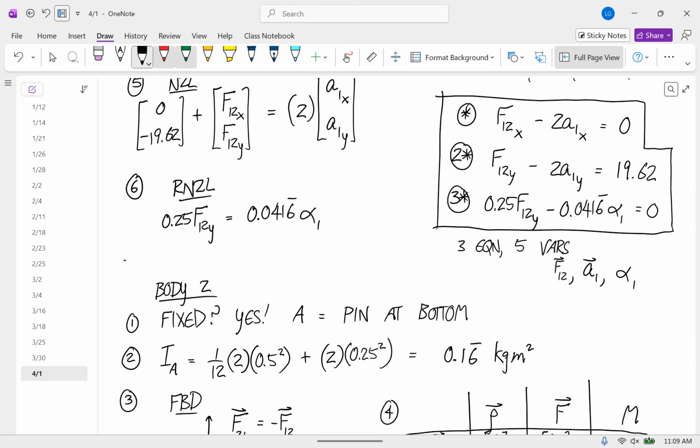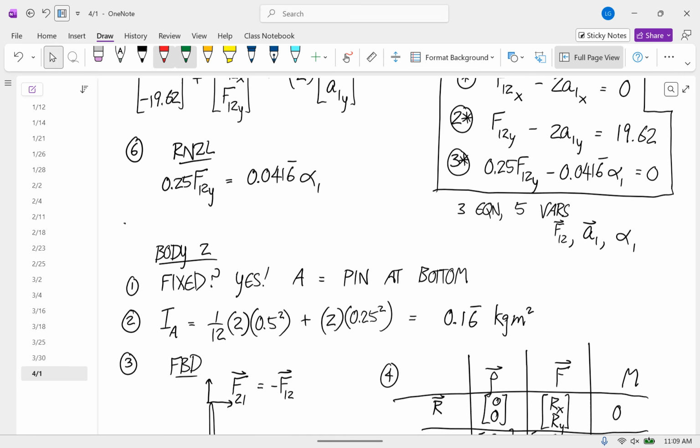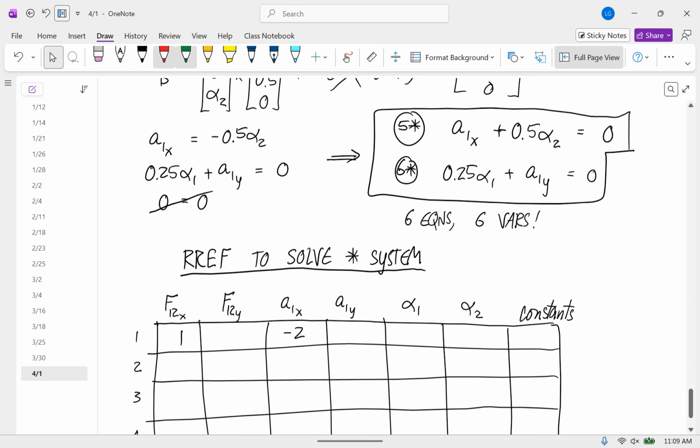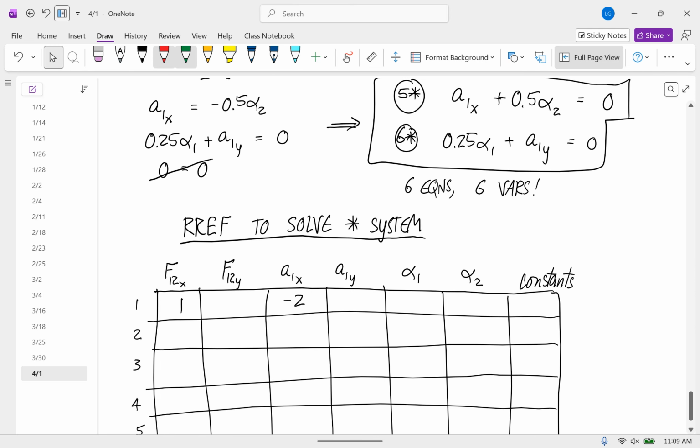A1Y, we have negative 2. And then the constant is 19.62. You have to get those constants over on the other side of the equation. If you don't get your constants on the other side of the equation, your answers will be backwards. And if you do some on the other side and some on the same side, your answers will be nonsense.